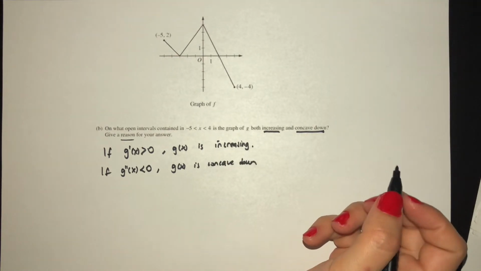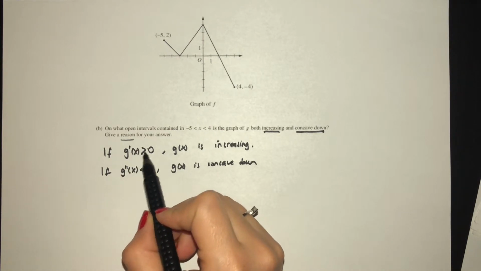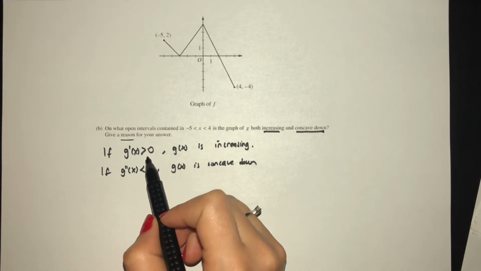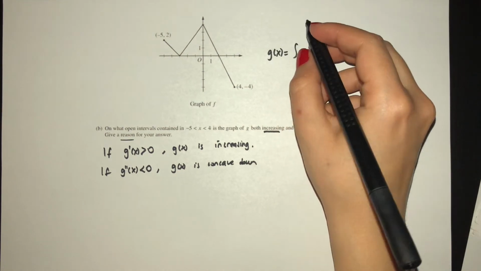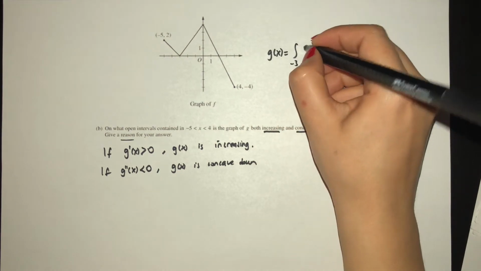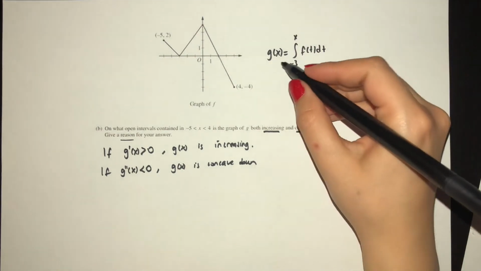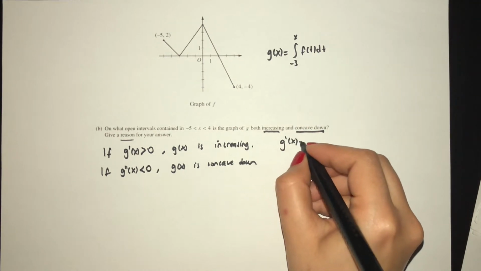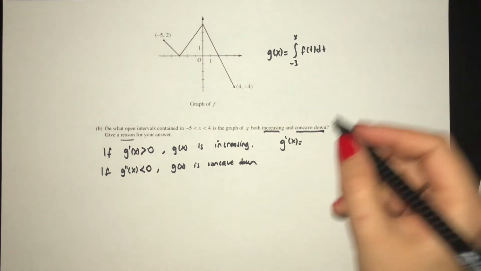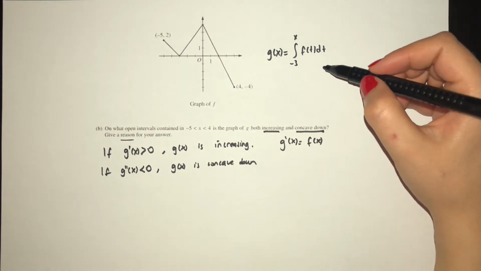Okay, in order to get the interval where g prime x is greater than 0, we should take the derivative of g of x. g of x is the integral of f of t dt from -3 to x. If we take the derivative of g of x, we will get f of x according to the second fundamental theorem.